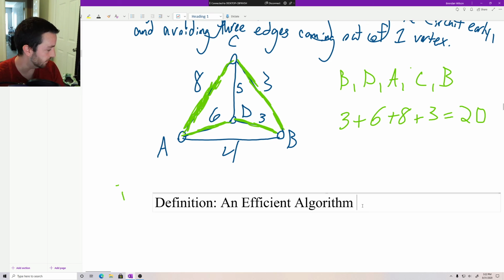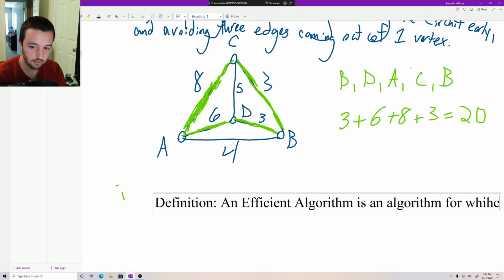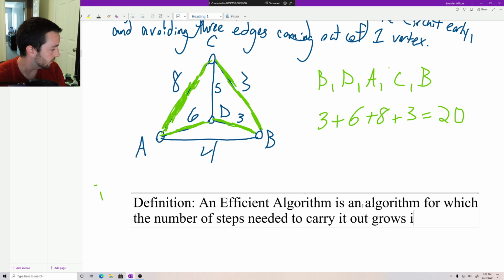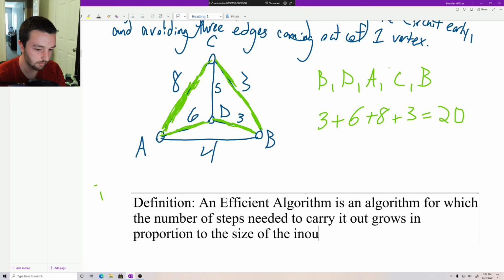An efficient algorithm is an algorithm for which the number of steps needed to carry it out grows in proportion to the size of the input of the problem.